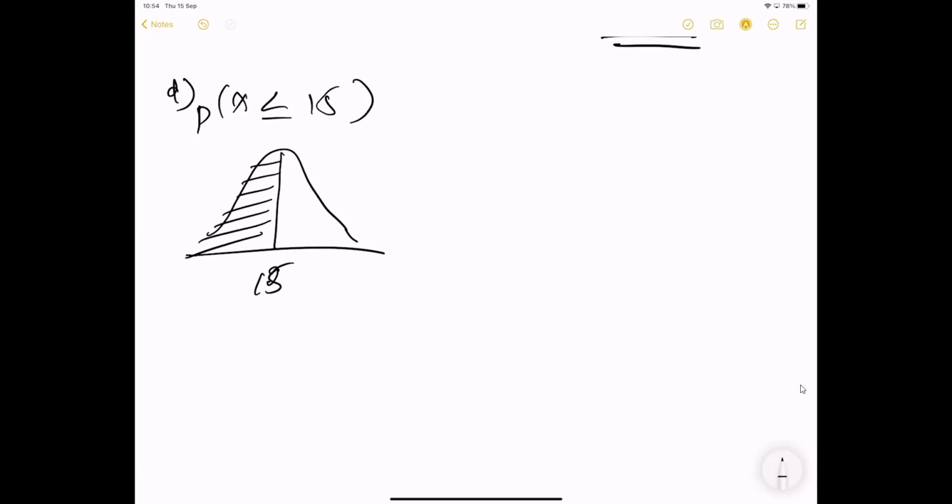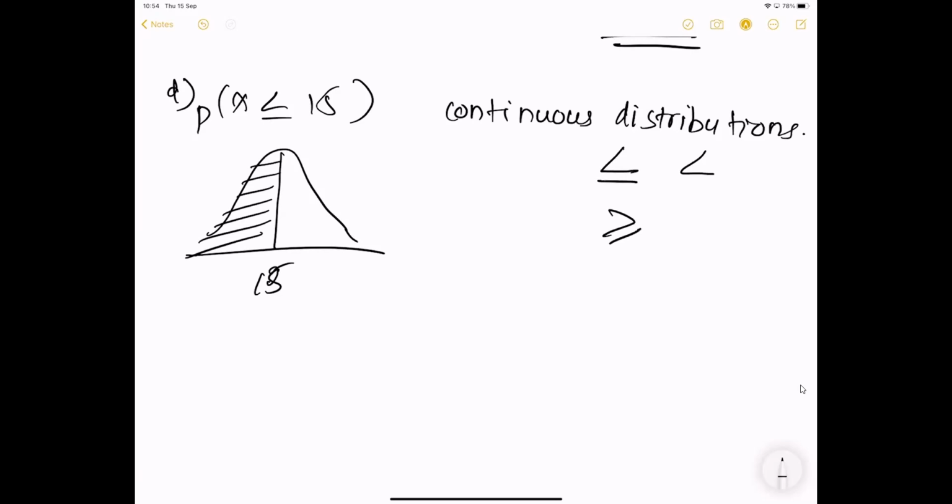In continuous distributions, less than or equal, less than, greater than or equal, or greater than are all equal. No confusion. You can directly use any of them, they are the same.